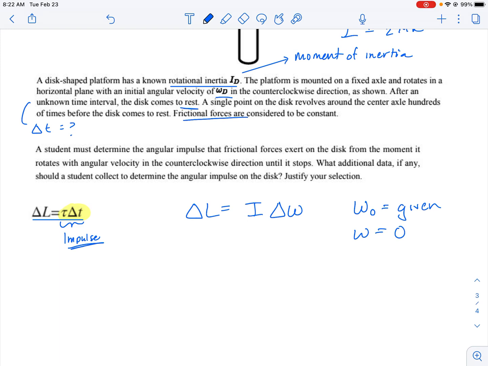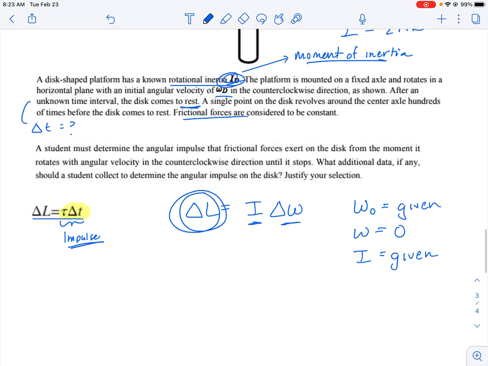We know that the final angular velocity is going to be 0 because this thing is coming to rest. And we also have the moment of inertia. They gave it to us here. So it looks like we can figure out the impulse because we know the moment of inertia and the change in speed, and that will give us the change in momentum. And the change in momentum will give us the impulse. So we don't need any more data.